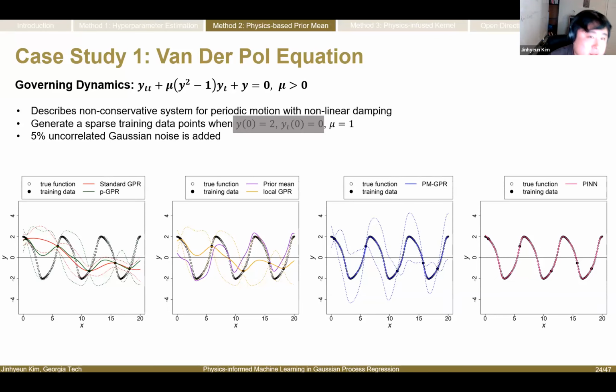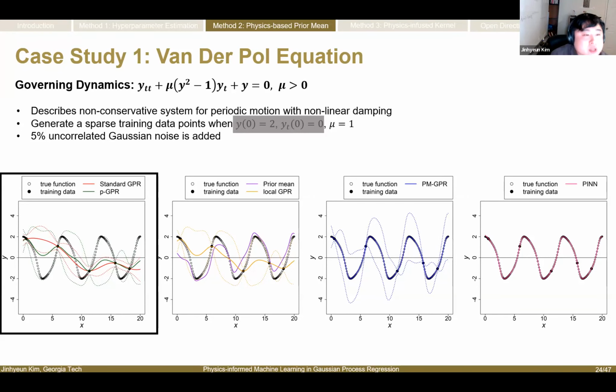Let's look at the first Van der Pol equation, which is a nonlinear ODE. We generate the sparse training data points for the given initial conditions, which is in the gray box, and we assume it is unknown. We add 5% uncorrelated Gaussian noise to the sparse training data sets. First, when you look at this black box, which is the standard GPR and PGPR, I want to highlight that for the penalized GPR, the dotted line is the 95% confidence interval.